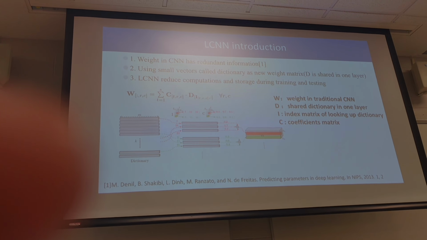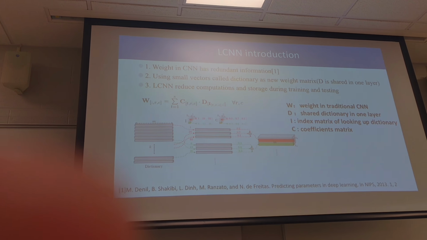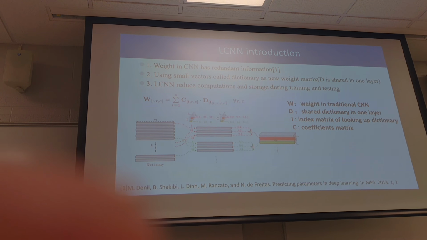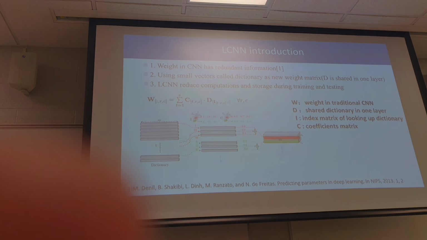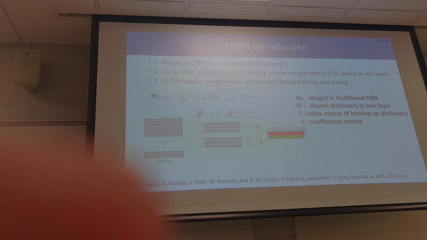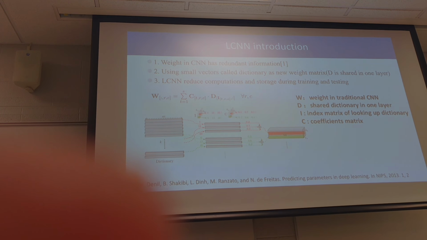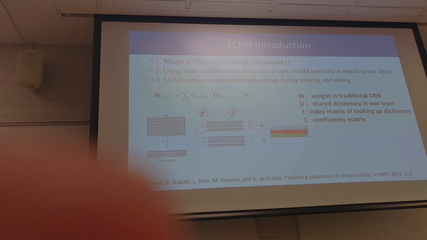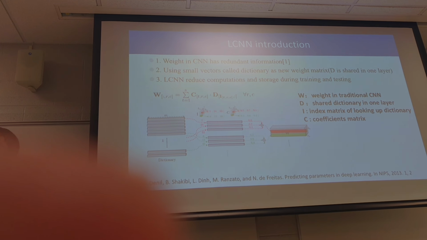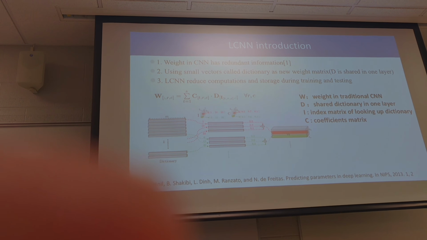So some previous work proposed and has realized that there is some redundant information in the weights of CNN. So you can use small vectors called a dictionary as a new weight matrix.